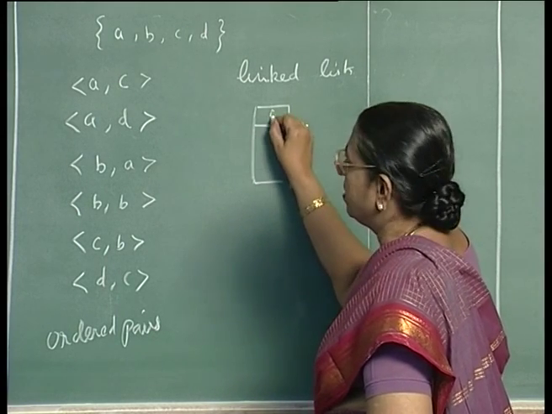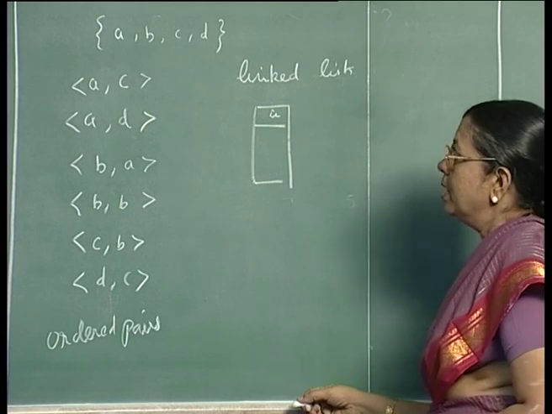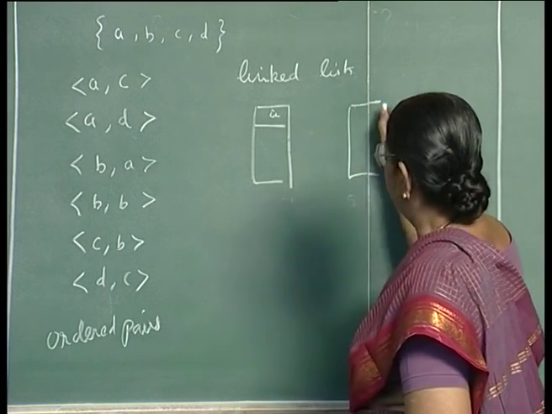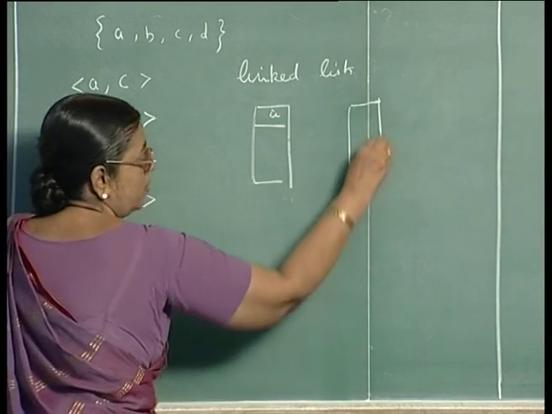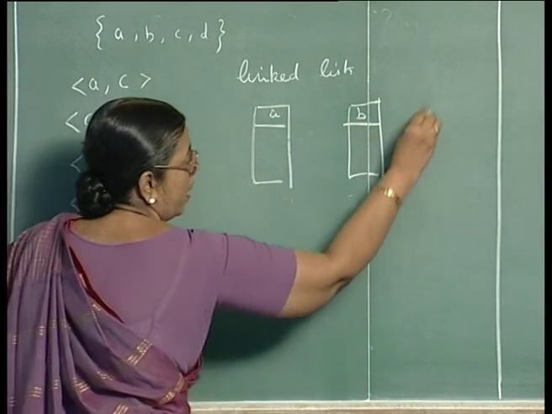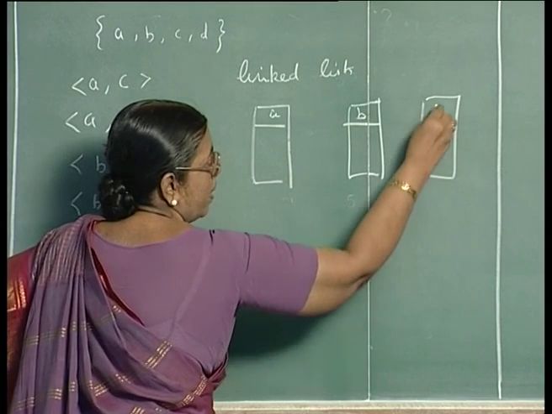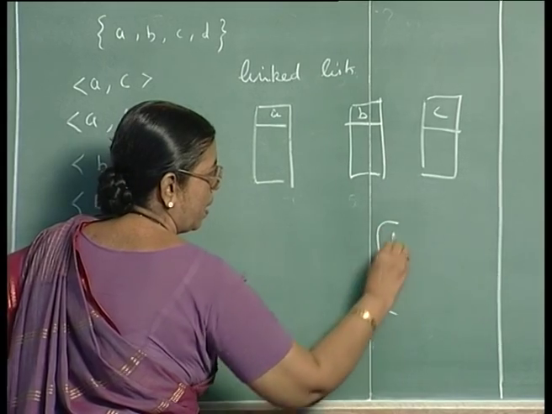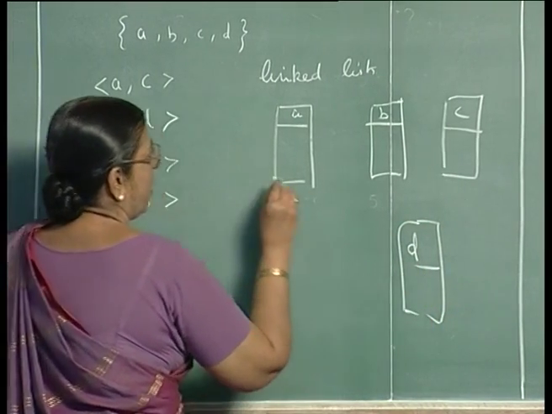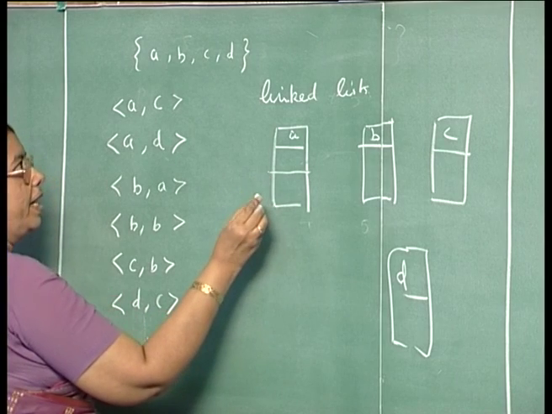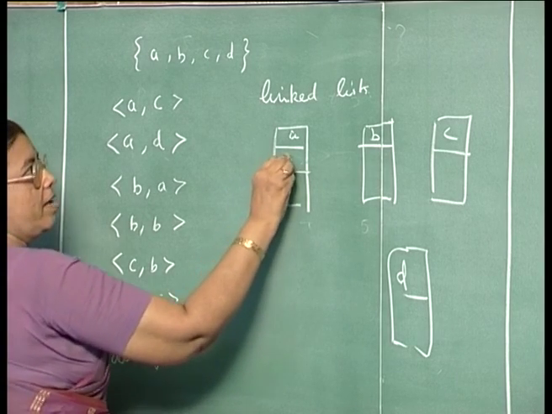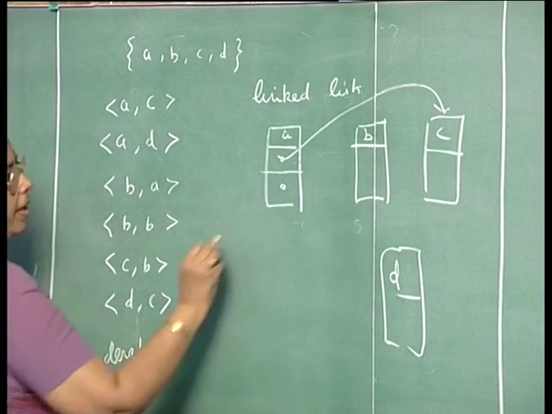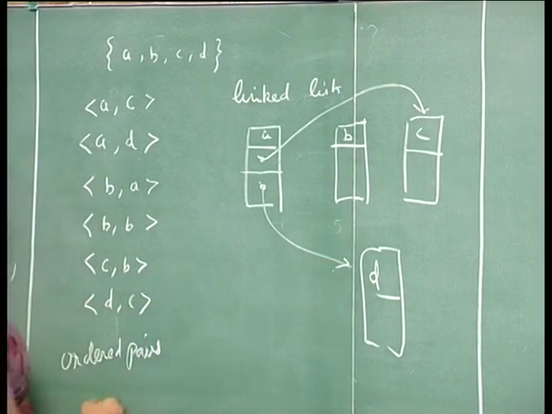For example, A will be represented, and there is an edge from each; I will represent it like this: B, C, D. From A, there is an edge to C, which will be represented by this, and then there is an edge to D, which will be represented like this.